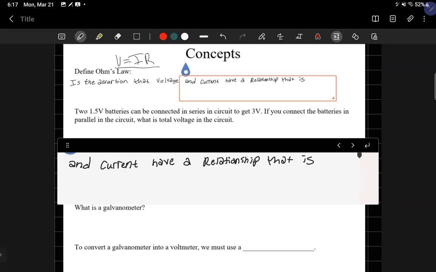That is, I guess you could say defined by R.